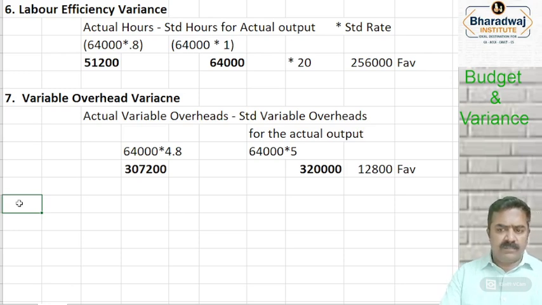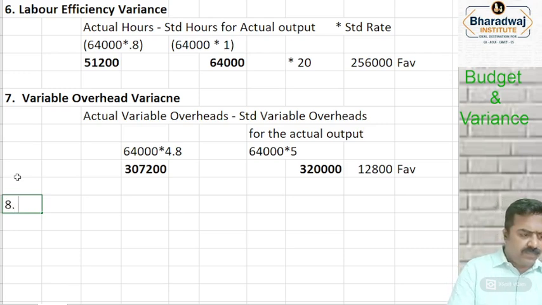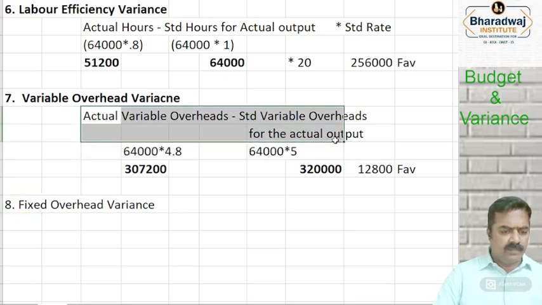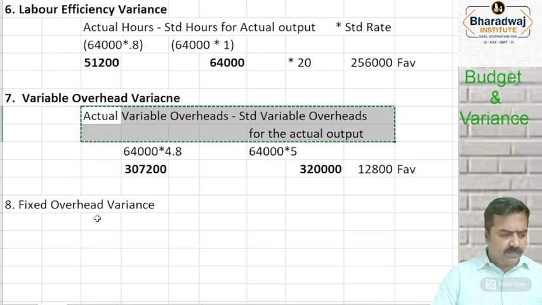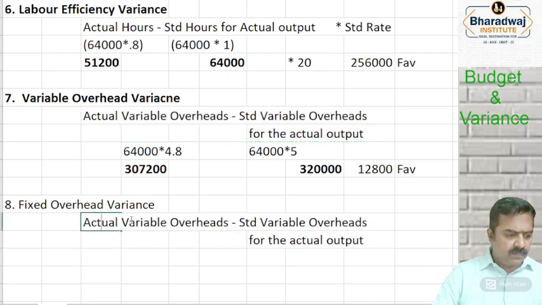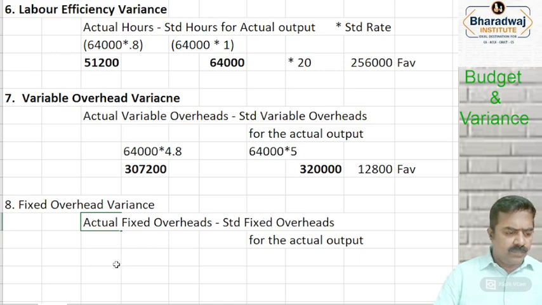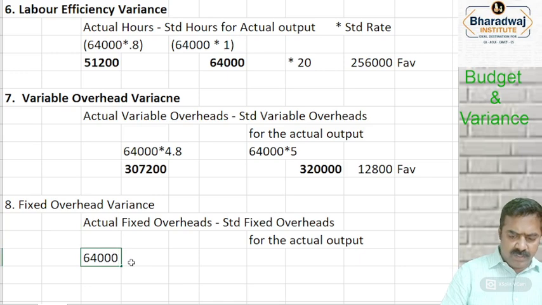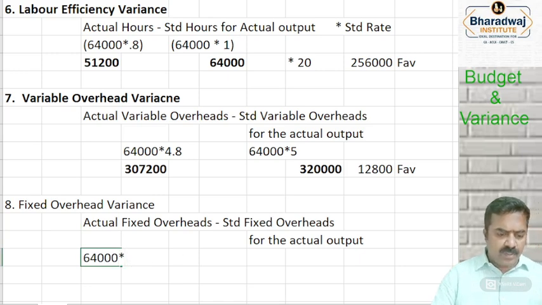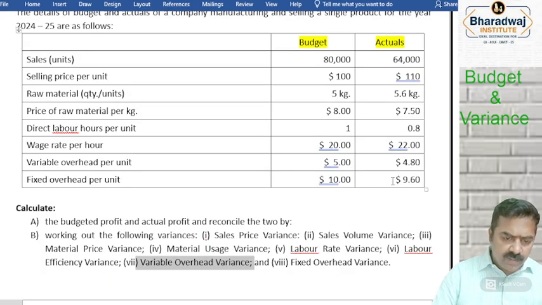Then same for fixed overheads. Actual fixed overheads are, it's given 64,000 into, what is a fixed overheads actual? 9.6.